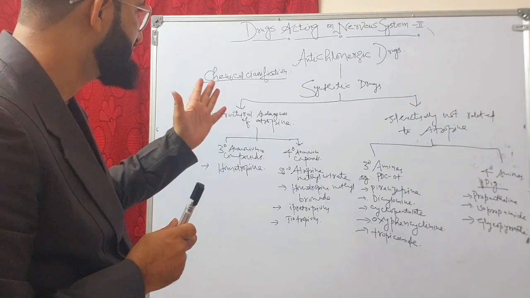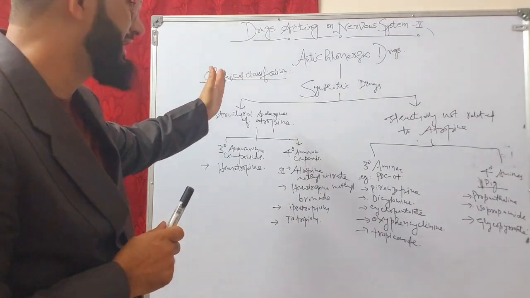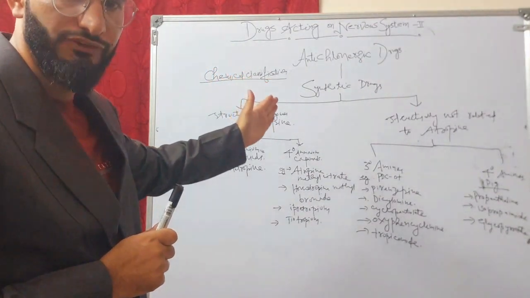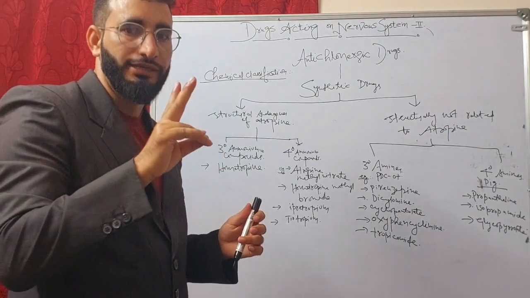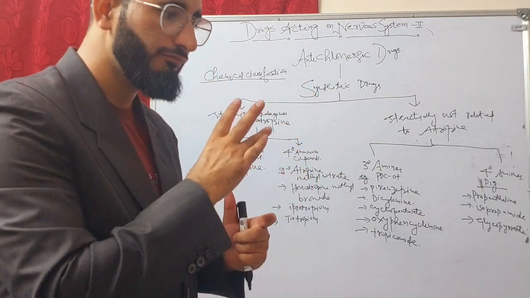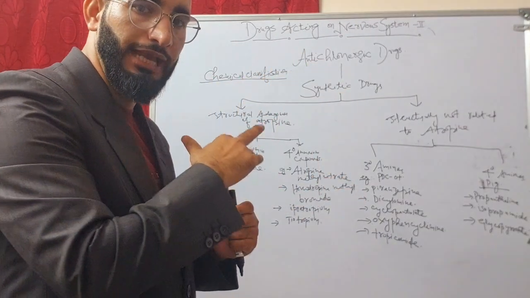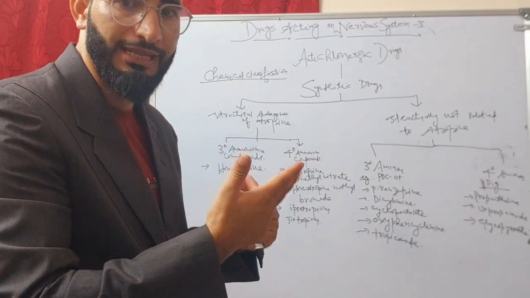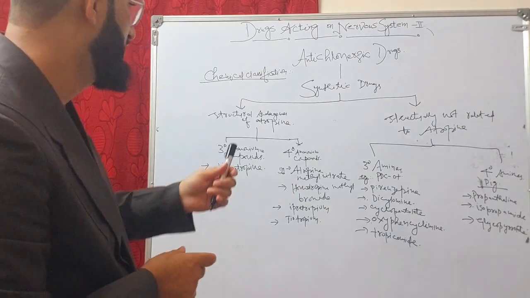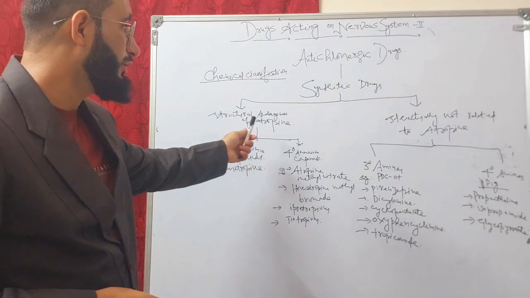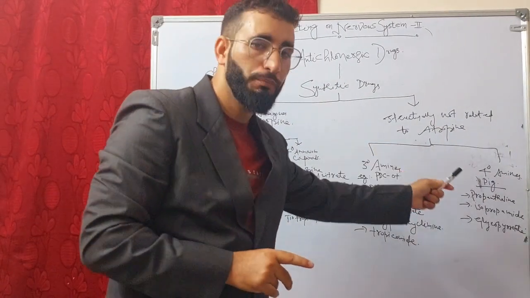So in this video we looked at the chemical classification of anticholinergic drugs. They are classified into two categories. First one is natural alkaloids, another one is synthetic drugs. Under natural alkaloids we have atropine and scopolamine, and under synthetic compounds we have structural analogues of atropine. This is the first class, and the second class is structurally not related to atropine.